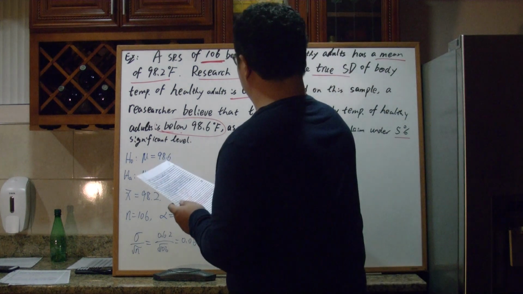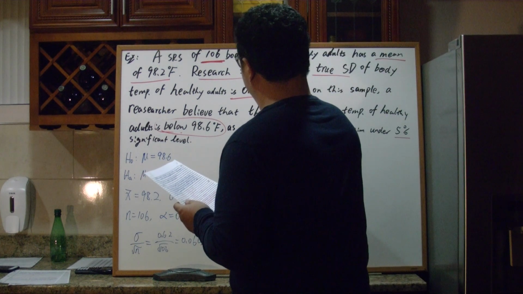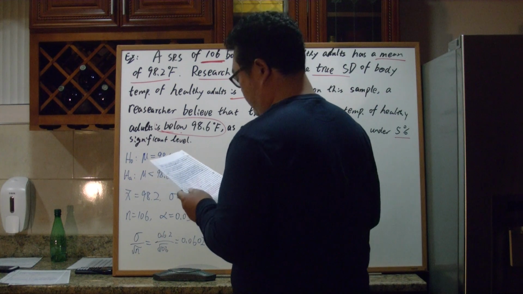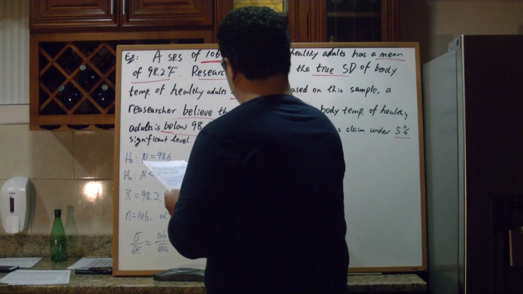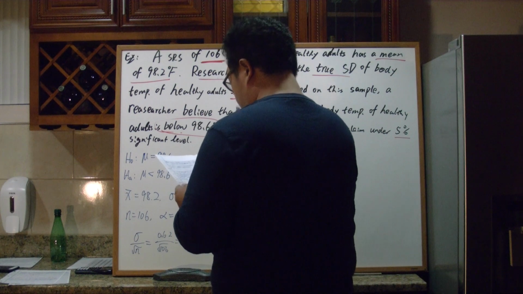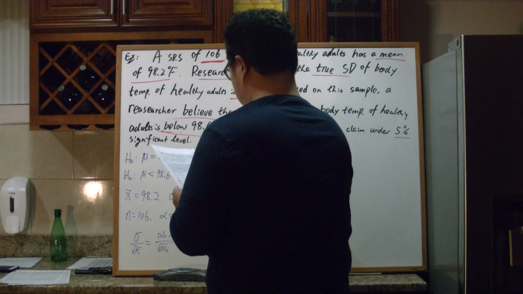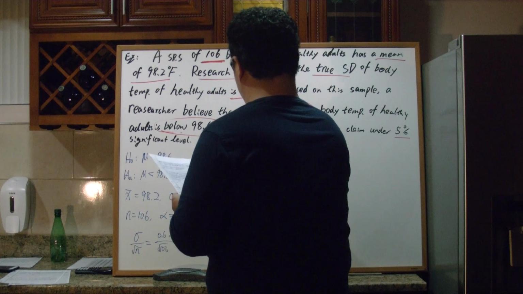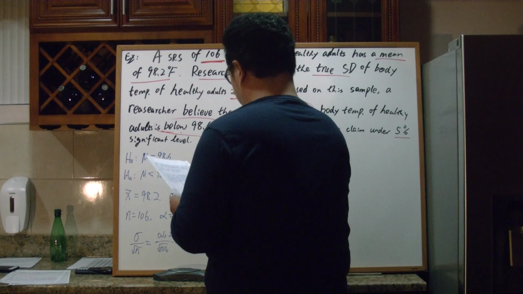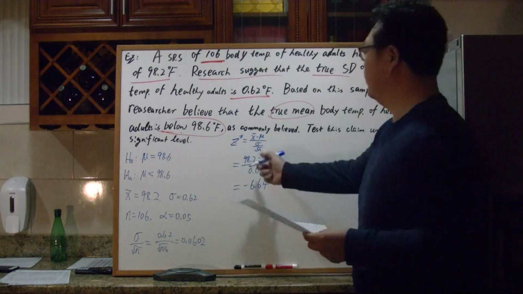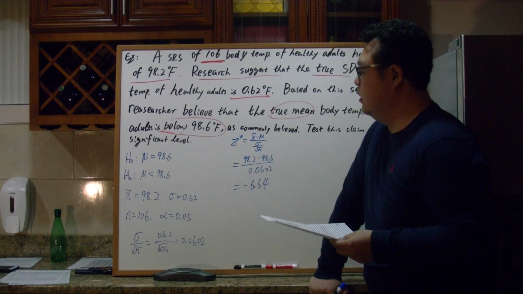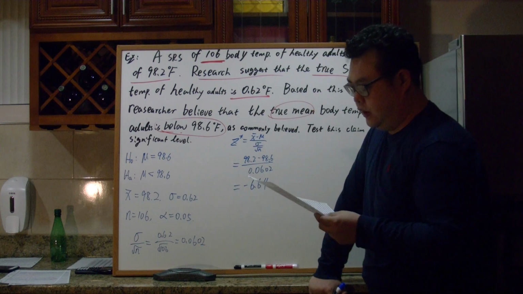Then we use the z-score: 98.2 minus 98.6, divided by 0.0602. Subtracting, we get negative 0.4 divided by 0.0602, which gives negative 6.64.